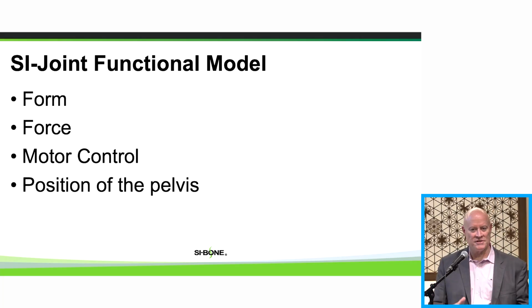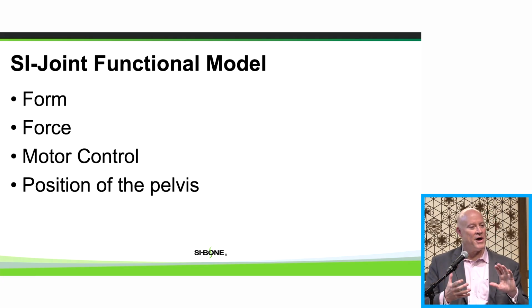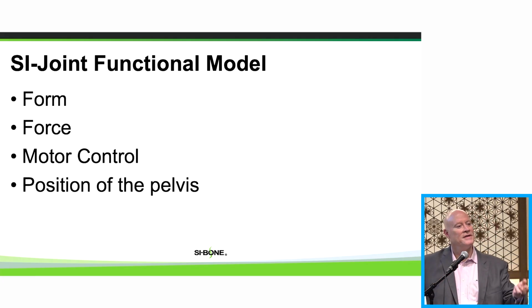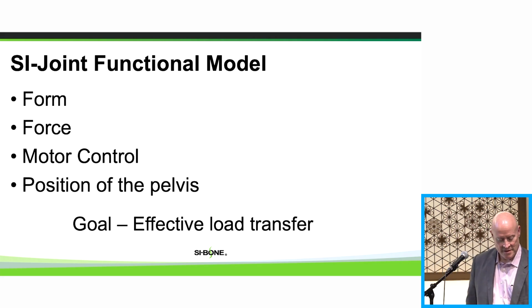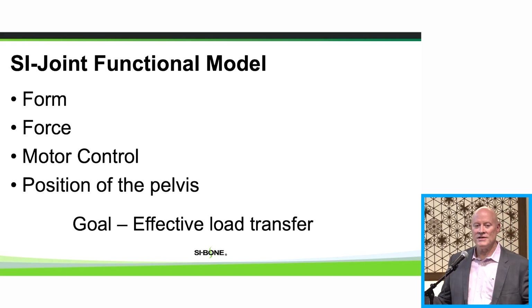The body compensates by retroverting the hemipelvis. The patient walks out of alignment. So it's really considering the pelvis in all three planes. Change the plane, you change the load on the SI joint. And the goal, as we've discussed, is effective load transfer across the SI joint.